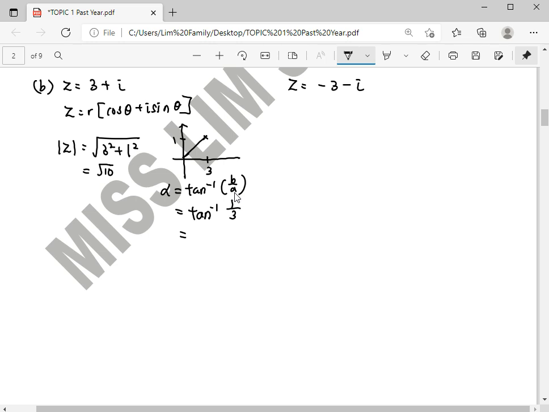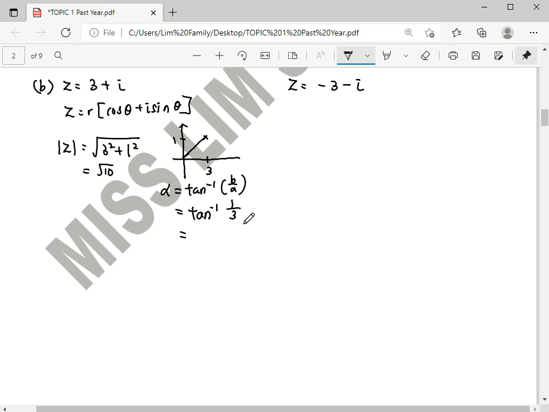So from here, what can you get? So you can press your calculator. Before you press your calculator, make sure you are in radian. We are using radian. Nothing degree can be accepted here. Tak ada benda degree yang boleh terima ya. Mesti radian. So tukar mood radian dulu, then baru awak tekan shift tangent. So we are finding the basic angle, we are finding alpha. It's not finding theta yet.